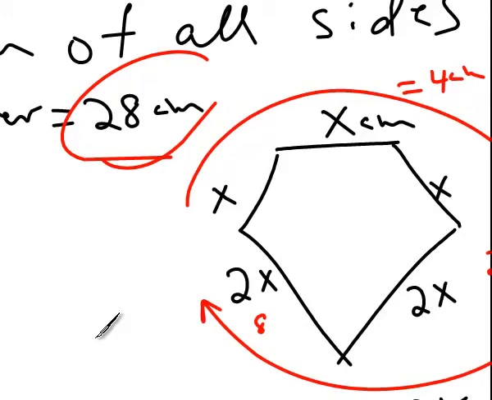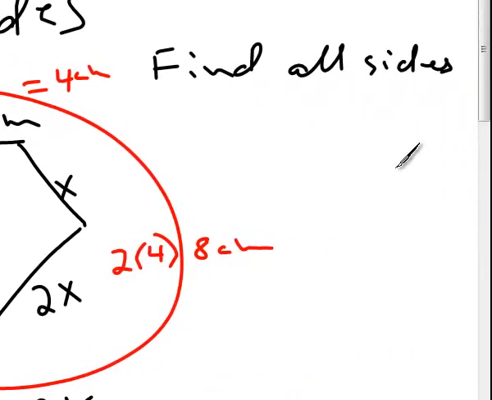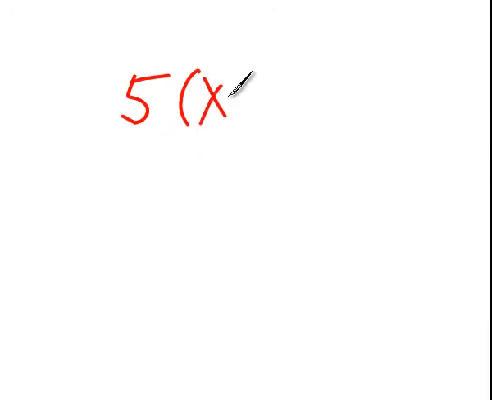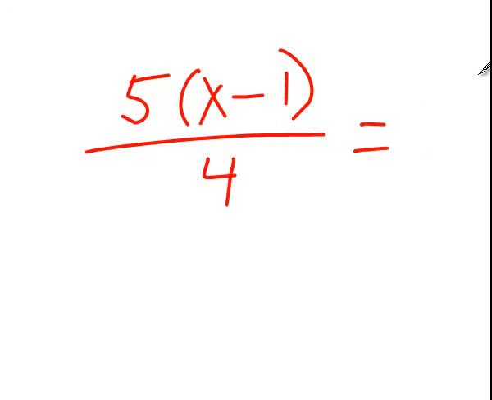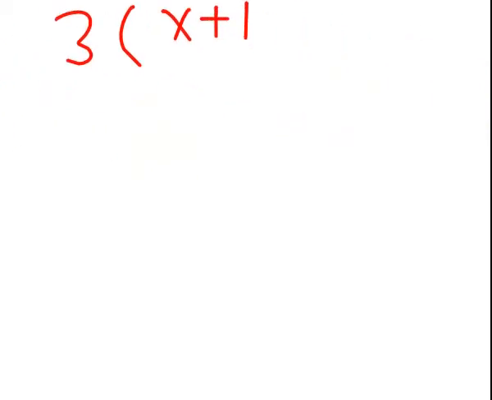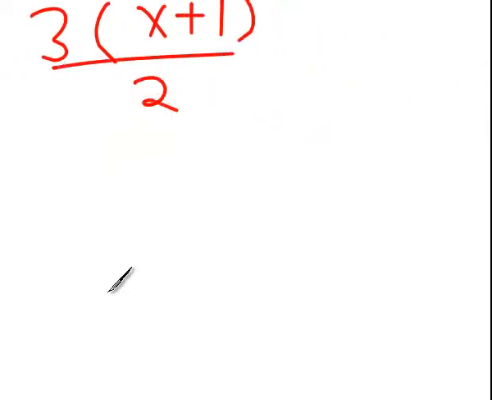All right. Do we want to see another fraction one? All right, one more, and then we'll take a break. Try this. 5 parentheses x minus 1, close it up, divided by 4 equals 3 parentheses x plus 1, close it, divided by 2.